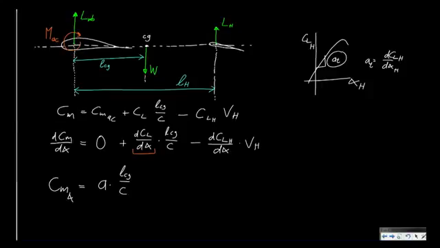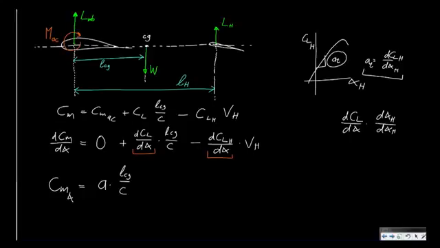But now there's a problem, because we can get this number, but we need a different number. We need the dCL/dα. Well, what we can do, of course, is multiply the dCL/dα by dαh divided by dαh, because that's 1.